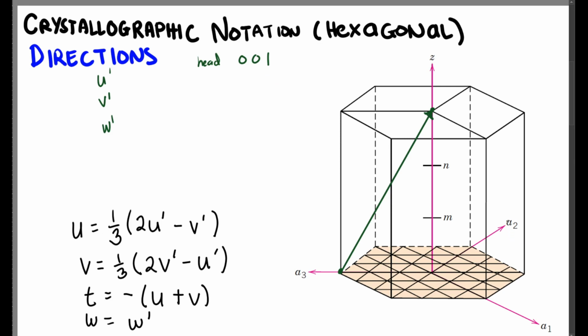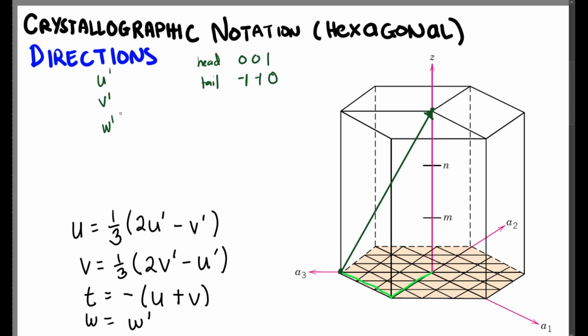And for our tail, to get to this point using this coordinate system, we have to move 1 unit along A2 and 1 unit along A1 backwards. So the direction along A2 is 1, along A1 we have negative 1, and since it's in the basal plane, we didn't rise along Z, we have 0, for the tail.